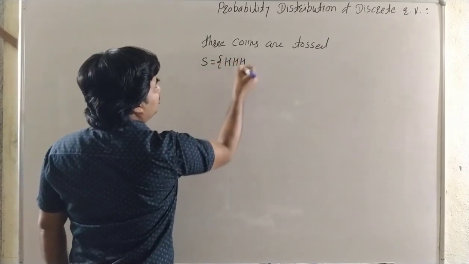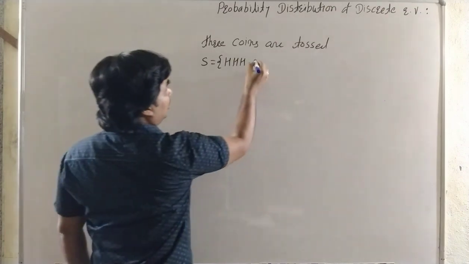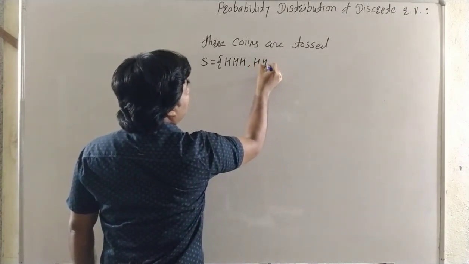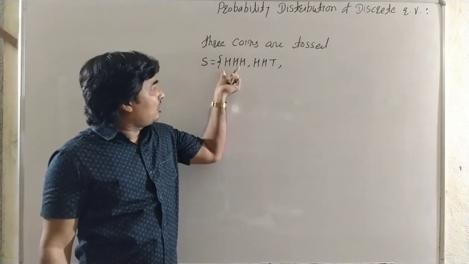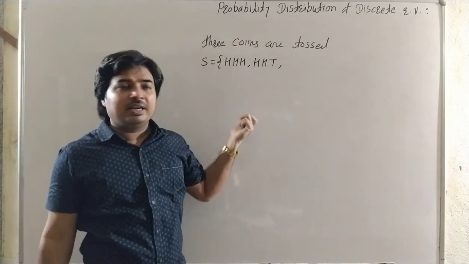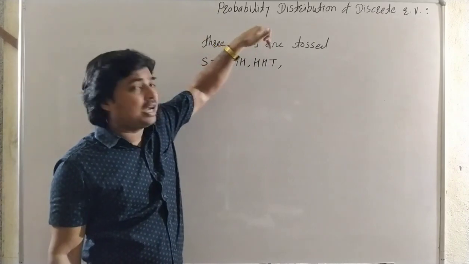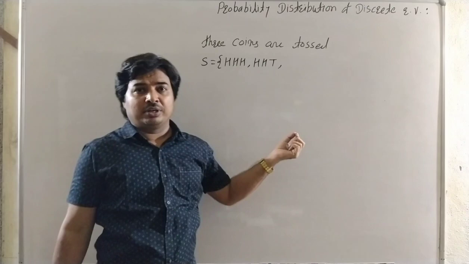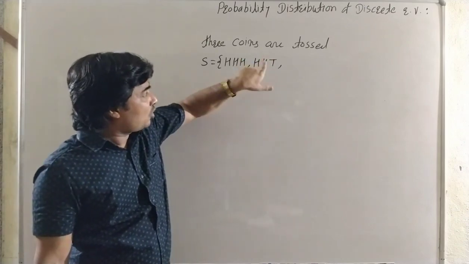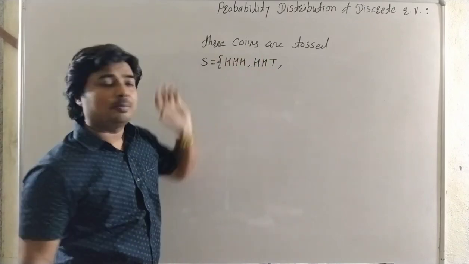All 3 coins show heads, or 2 coins show heads and the third coin is a tail. In the first outcome all are heads. In the second outcome, 2 heads and 1 tail. But for 2 heads and 1 tail, there are 3 possibilities: tail in the third coin, or second coin, or the first coin.